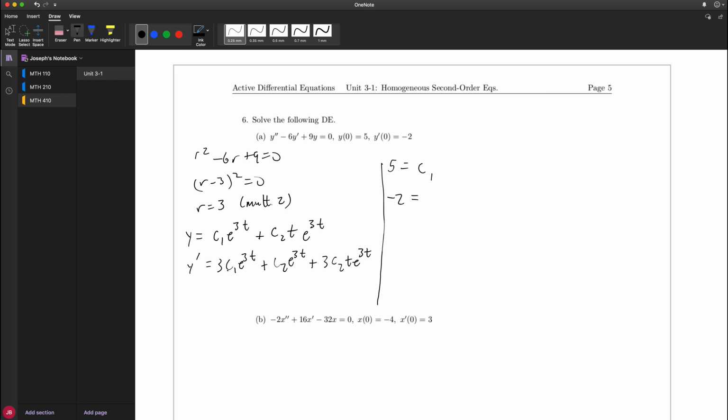And I get 3 times c1, which is 5, plus c2. And so c2 has to be minus 17. And so what that tells me then is that y equals 5 e to the 3t minus 17t e to the 3t. And that's it.